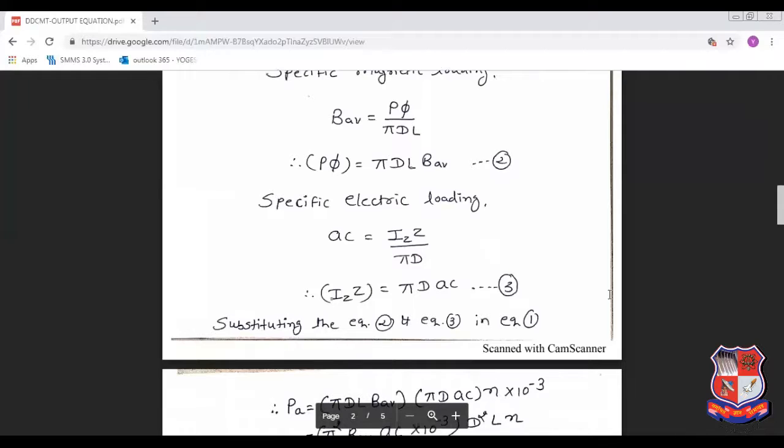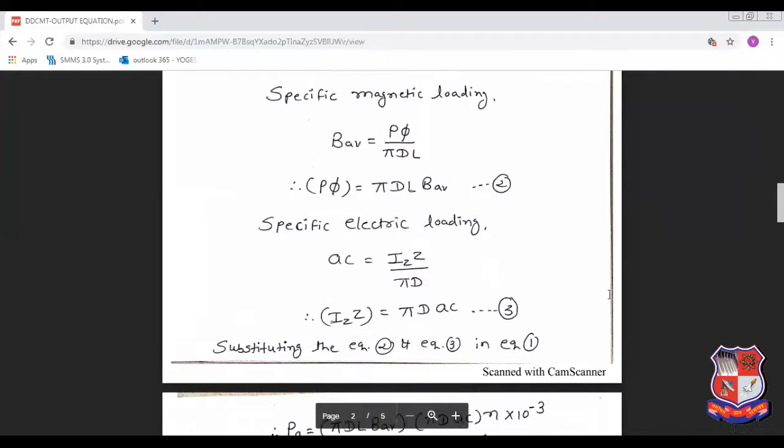So, B average is equal to phi by pi D L. Therefore, total magnetic loading phi is equal to pi multiplied by D, the armature diameter, multiplied by L, the axial length of core, multiplied by B average, the specific magnetic loading.